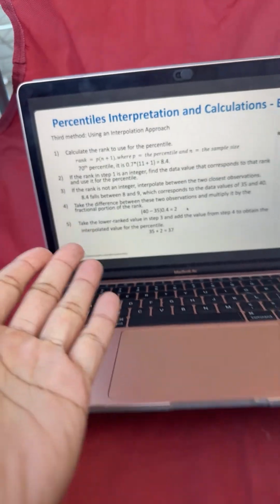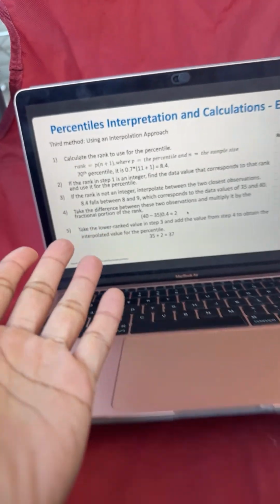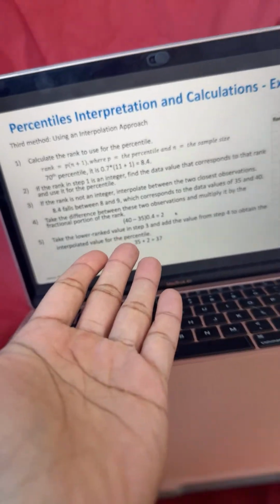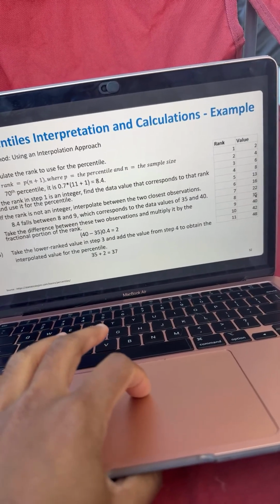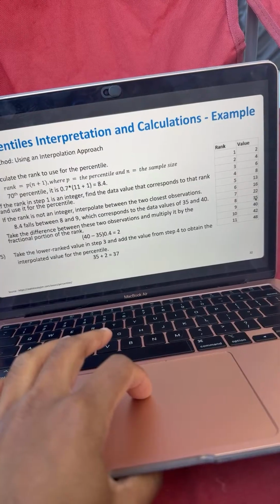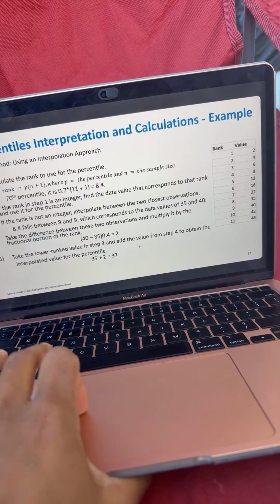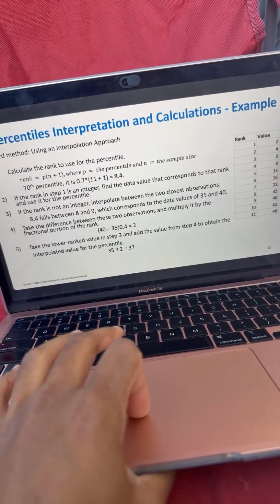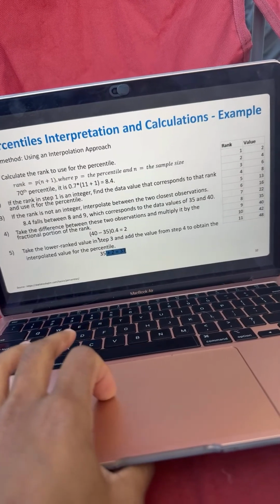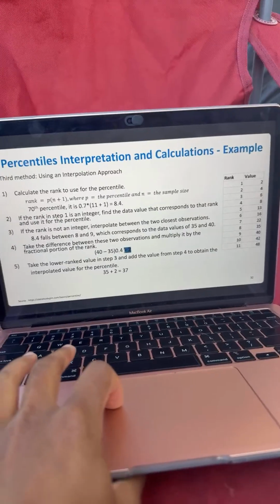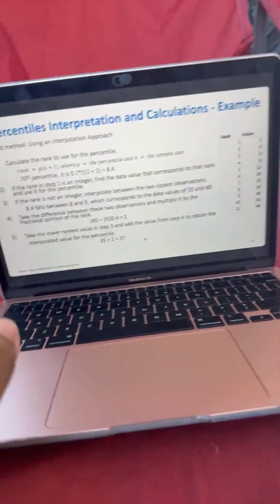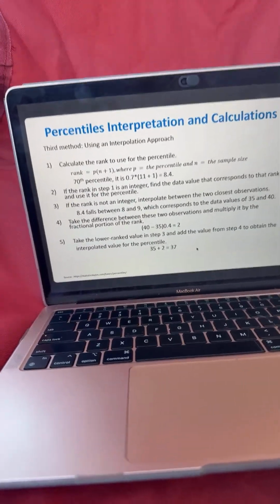So 0.7 times 12 is 8.4. And the interpolated value between 8, that's 35, plus the difference. So that's 5 times 0.4, that's 2. So, yeah. That's very interesting.